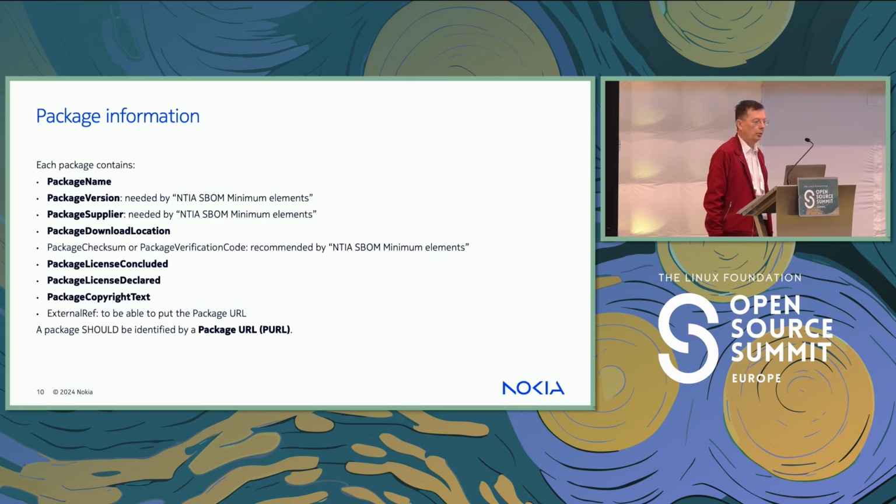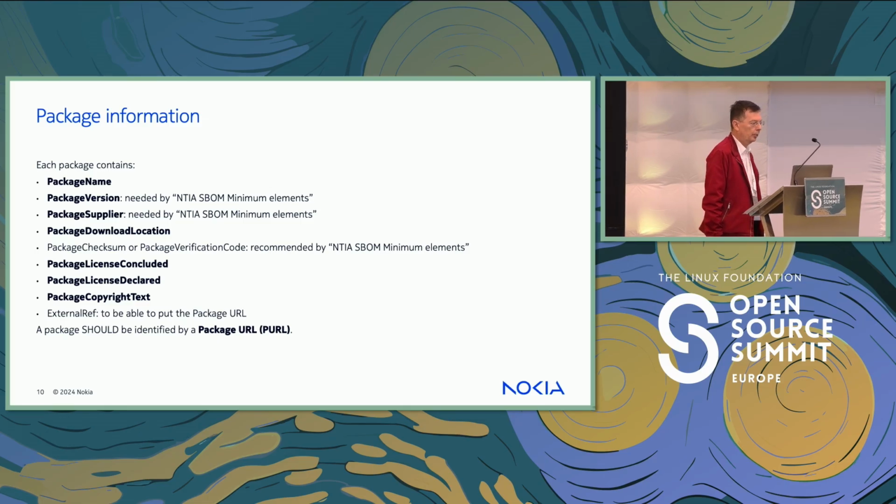Here, we only require information at the package level, but of course, that doesn't prevent you to provide more precise information at the file level or at the snippet level if you want to do so.